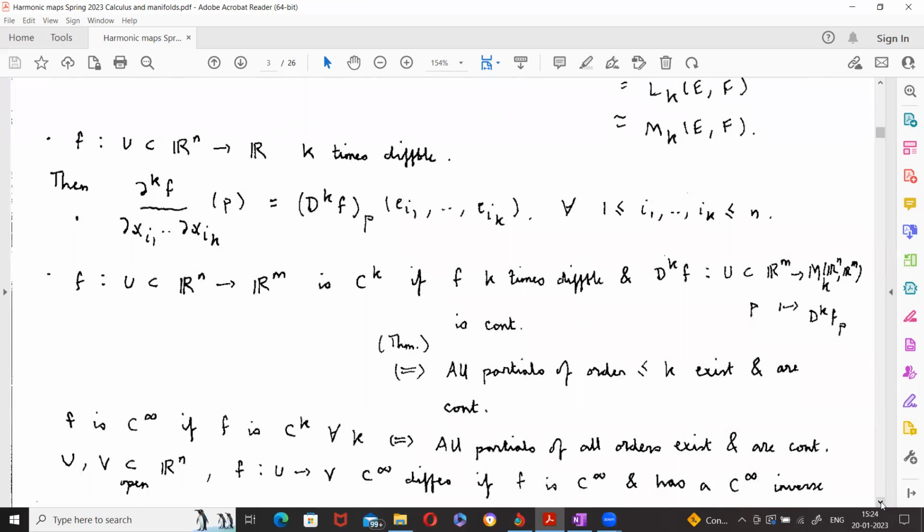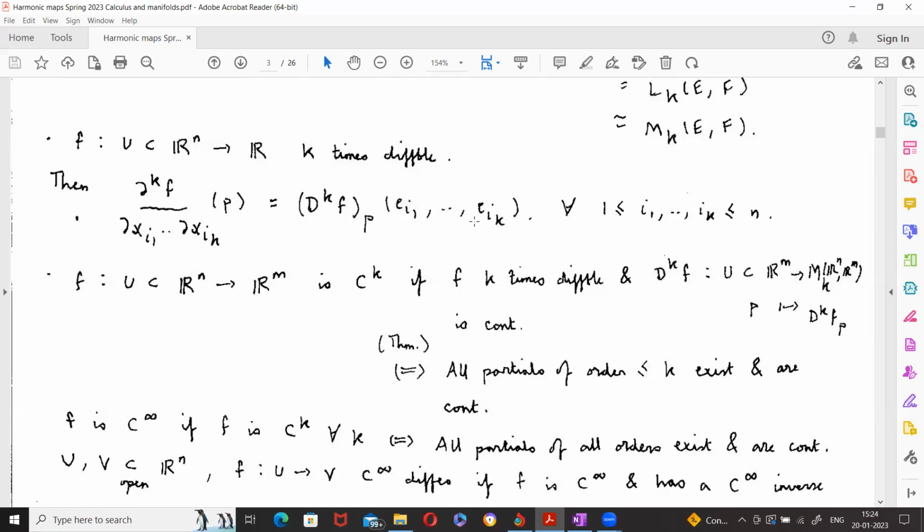And it turns out that if I take a map from R^n to R, then the kth partial derivatives, del^k f over del x_{i1} up to del x_{ik} at a point P, this is nothing but the kth derivative, d^k f at the point P, applied to the basis vectors e_{i1} to e_{ik}.